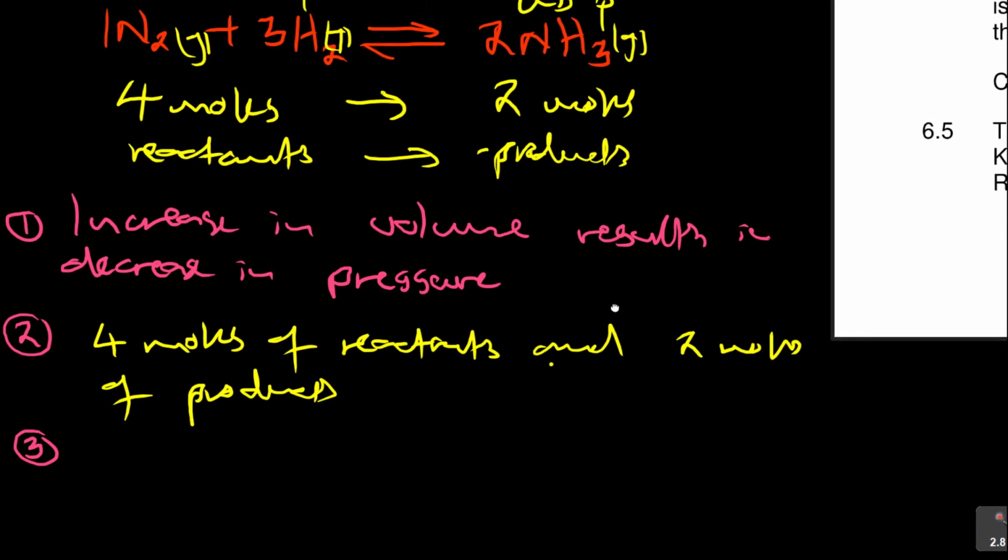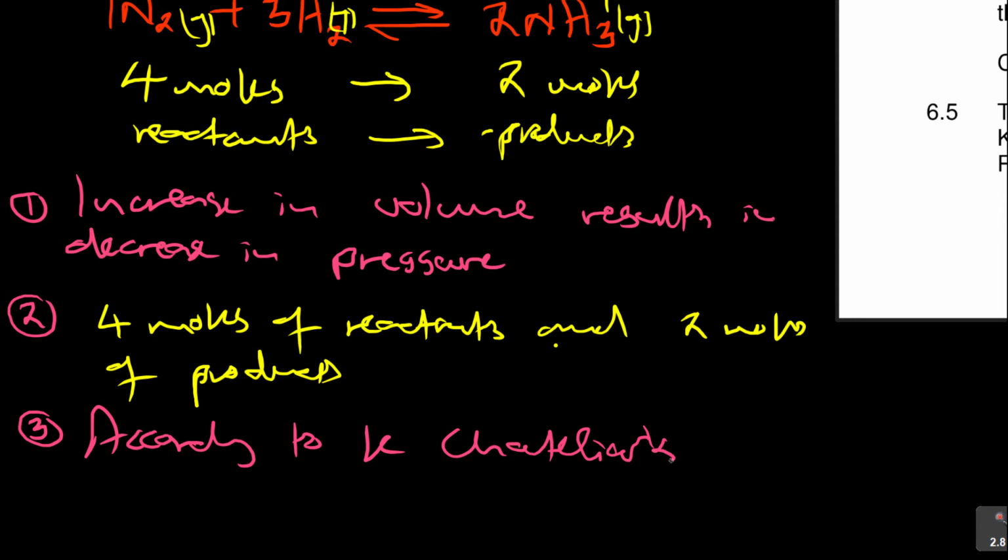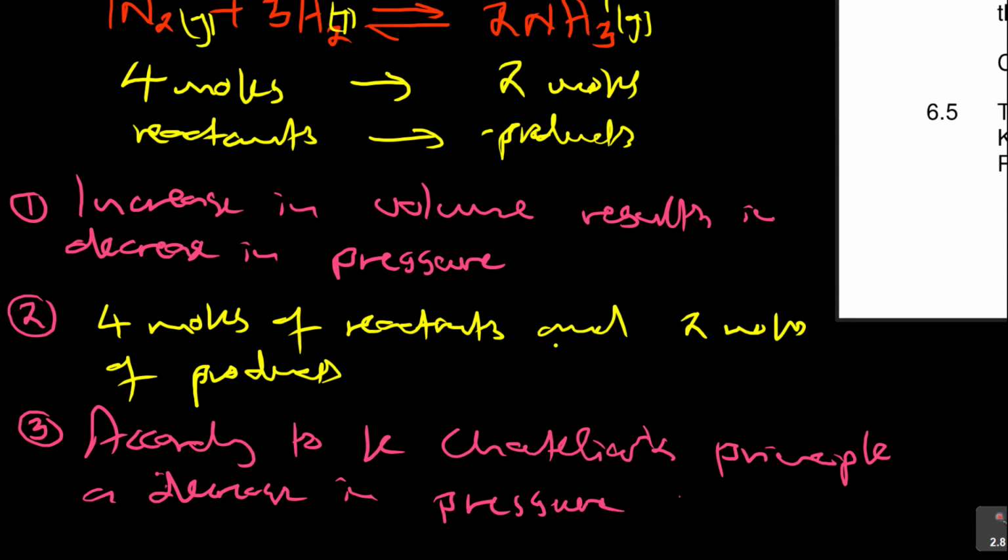And then we can go back to number 3. What happens now? And then you can say, according to Le Chatelier's principle, a decrease in pressure will favor the reaction.